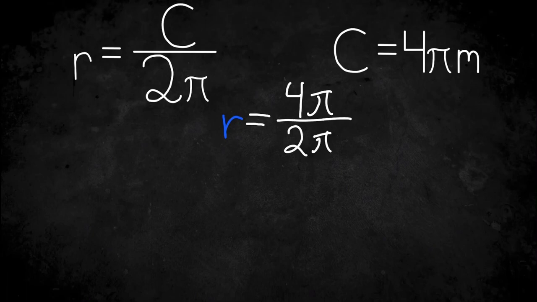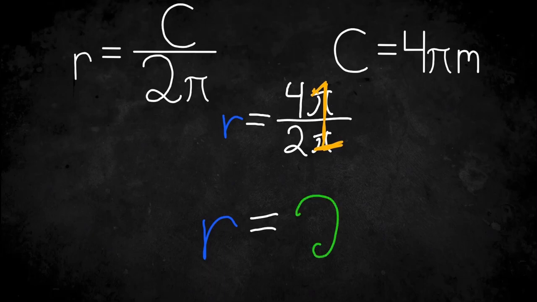And if you see here, we have a pi over pi, so that will cancel out. Now we just need to divide 4 over 2, which is 2. So the radius of this circle equals 2 meters. Oops, that's meant to be meters.